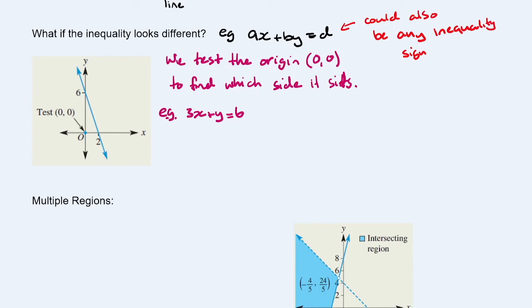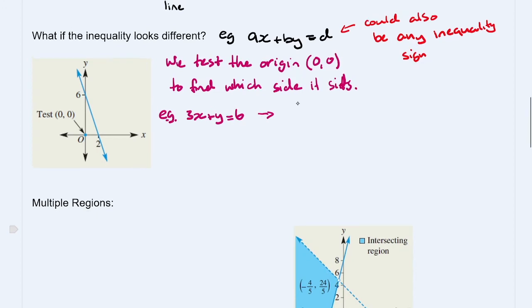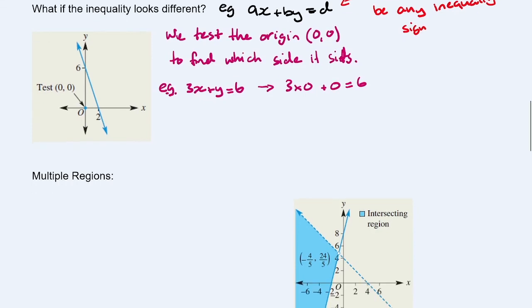It's been drawn there. We can test the point 0, 0 by substituting in 0 for the x and the y. So that becomes 3 times 0 plus 0 equals 6. Well, that's actually going to be less than 6. So I'm going to erase that equal sign and change it to a less than sign.